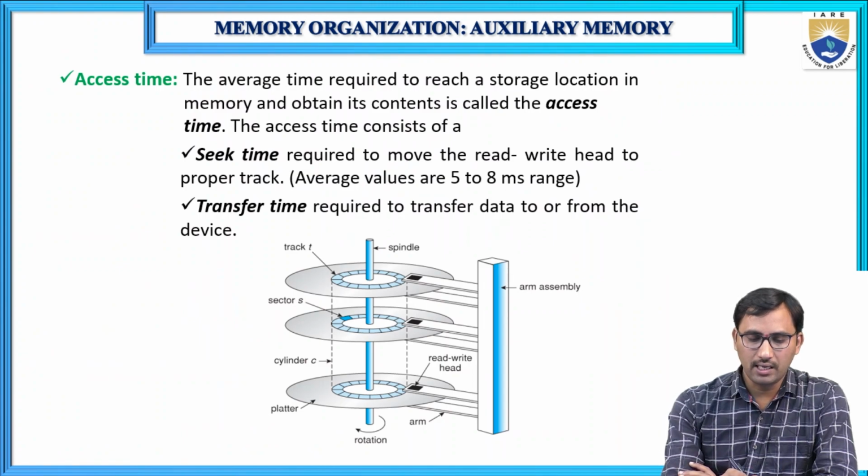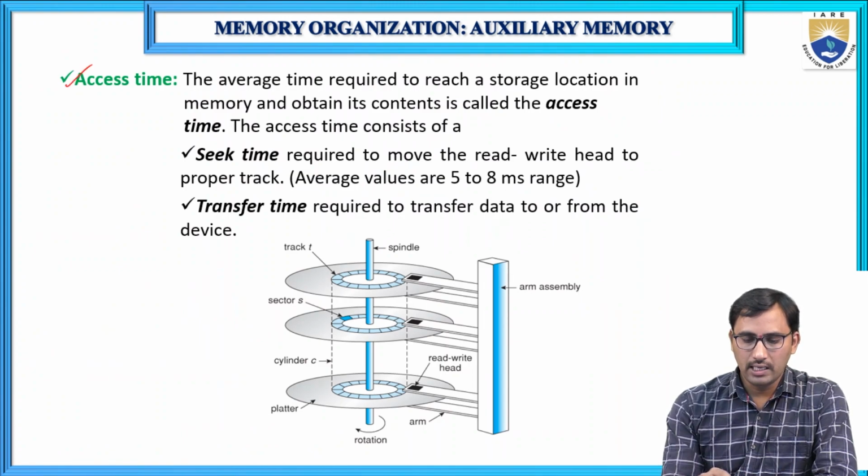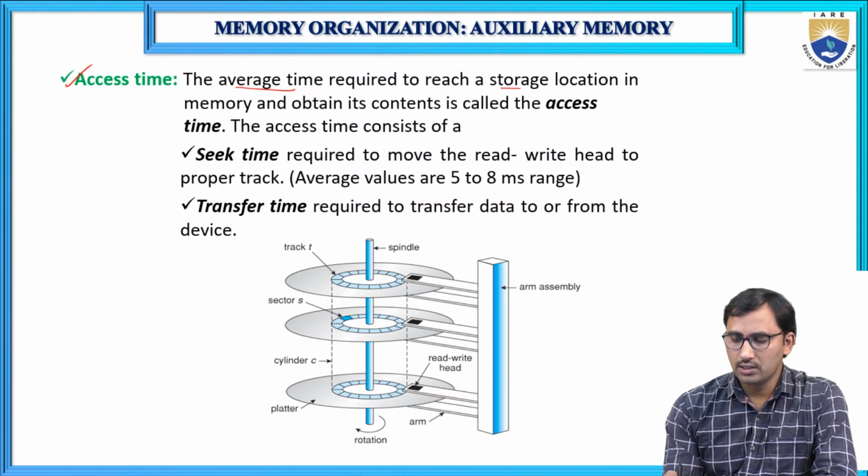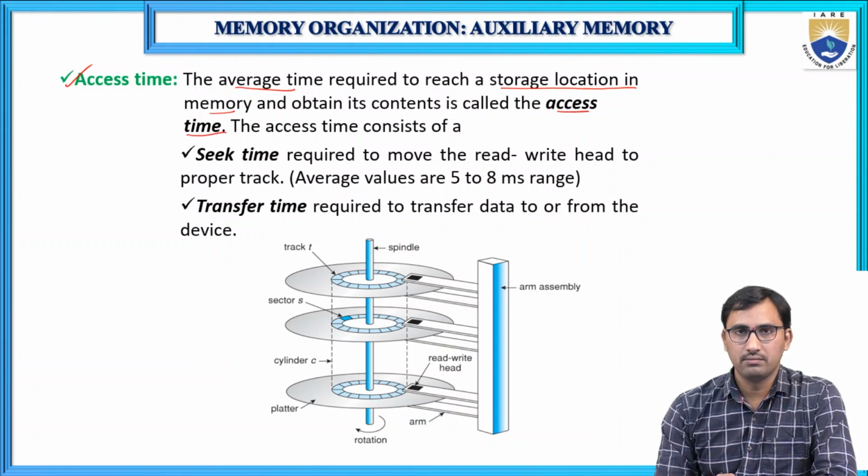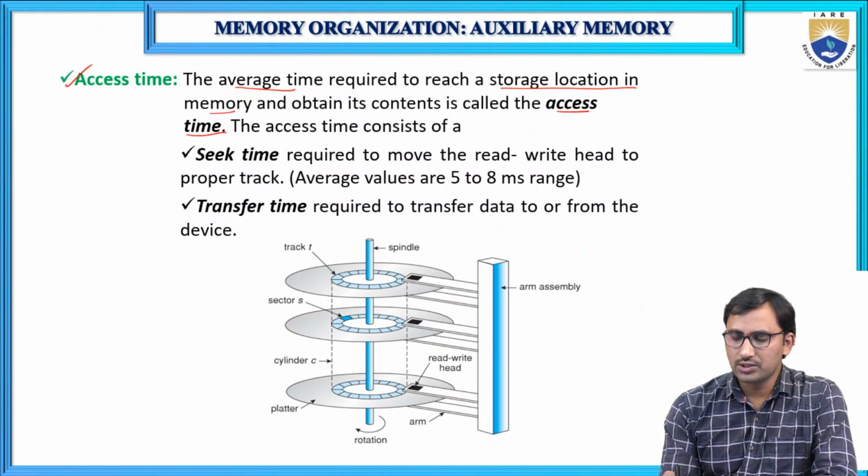And coming to the access time, the access time is the average time required to reach the storage location in memory and obtain its contents. So what is access time? Access time is the average time required to reach a storage location in memory and obtain its contents.